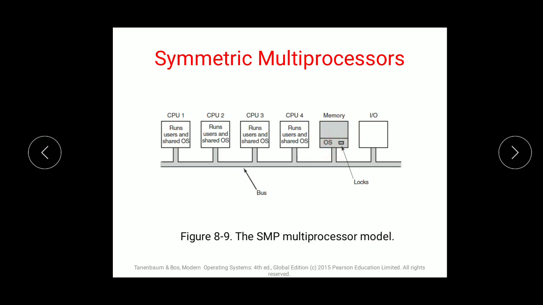A CPU must acquire a mutex, that is a lock, to have access to the OS code. Even if multiple CPUs try to access one single OS, there can be a problem, so they acquire a mutex to access the OS code.